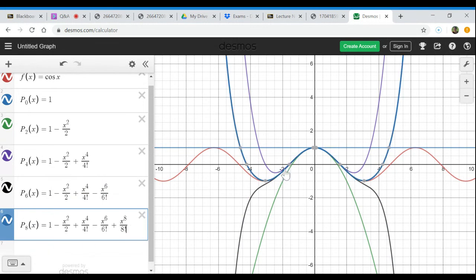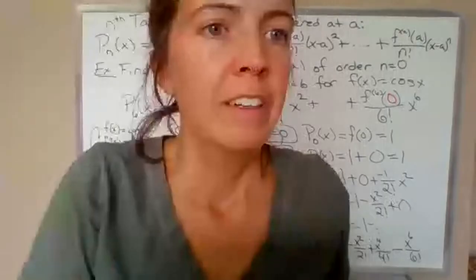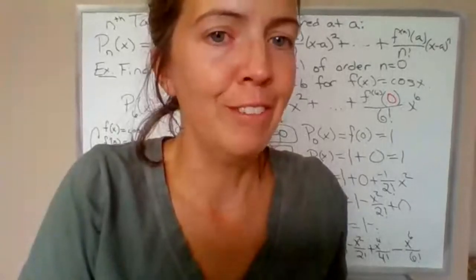Okay, and so Desmos is using blue again, but notice that now that blue graph models the cosine function even better over this interval. And so the longer we're willing to sit here and generate terms for the polynomial, the better that polynomial is going to approximate the graph of the cosine function there. And that's what I have for you for this example.